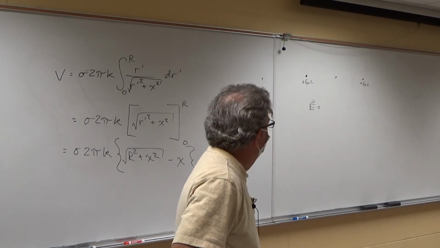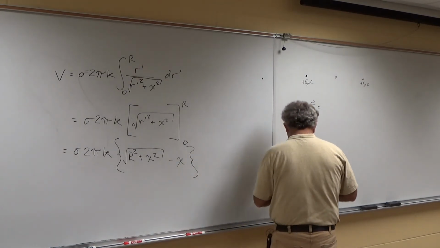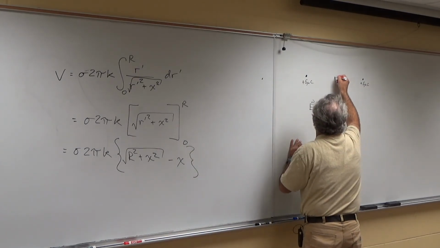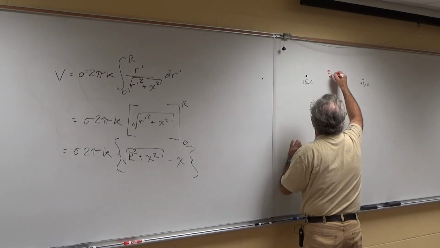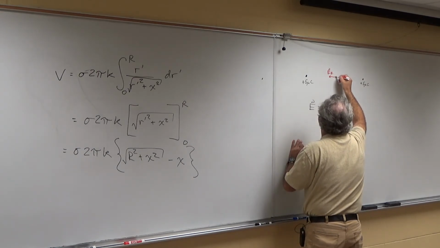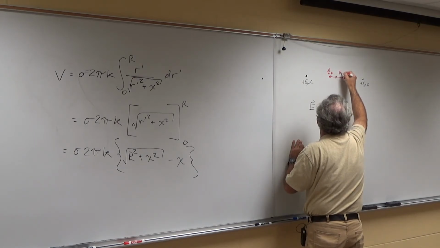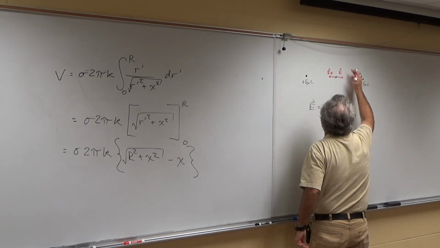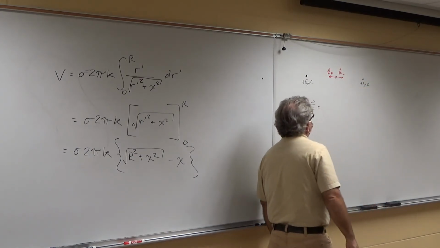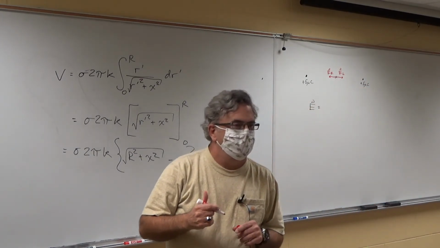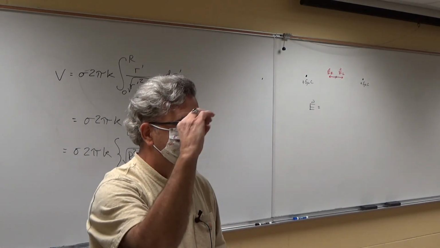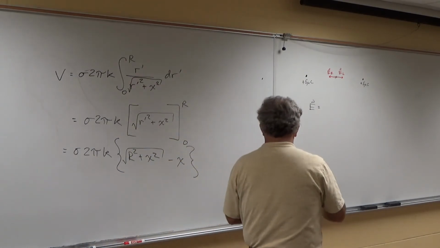For the charge on the right, there's a field vector this way. I'll call that ER. It's pointing left. For the charge on the left, I'll call that EL. That's an L, by the way. They have equal magnitude and opposite direction. What's the electric field at that point? 0. That's easy.